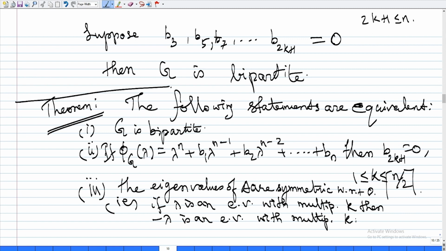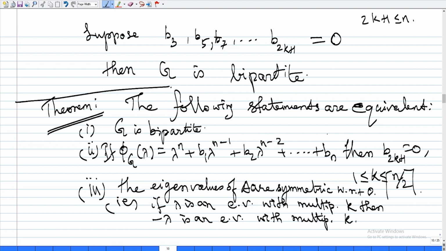Bipartite. This is for bipartite. Maybe other graphs which are not bipartite may also satisfy this, but they may be very special cases. Oh wait, no, it's an equivalent statement I am talking about, I am sorry. If G is bipartite, then the statement is true. If the statement is true, then G has to be bipartite.